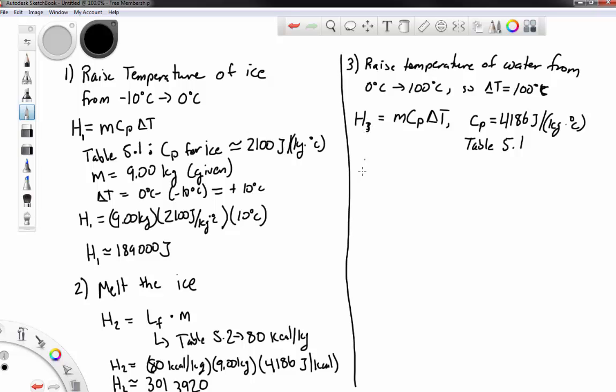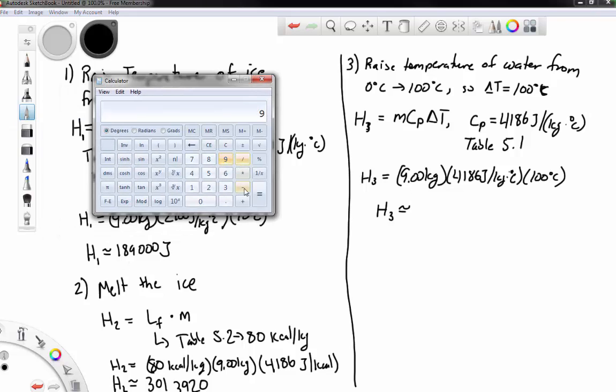So the heat for this step, therefore, is 9 kilograms times 4,186 joules per kilogram degree C times 100 degrees C. So the heat for this step is going to give us 9 times 4186 times 100.